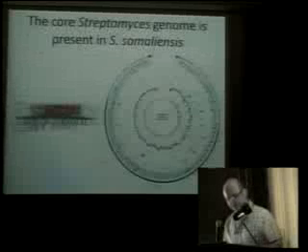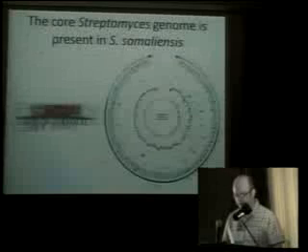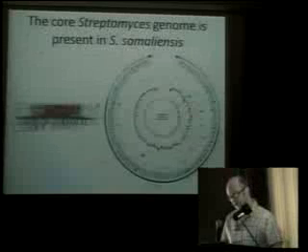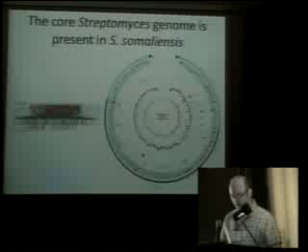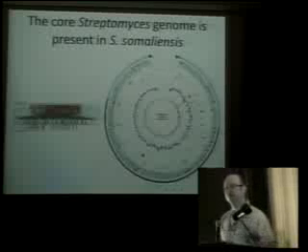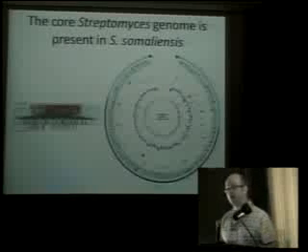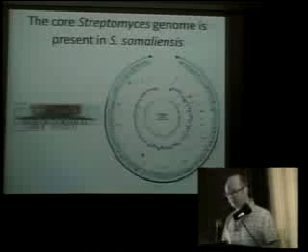So if we look at the coelicolor genome in more depth compared to somaliensis, what you see is a core region of the genome indicated in dark blue along the bottom, and you see these light blue arm regions, and these light blue arm regions are largely dispensable for growth in culture, and they encode a lot of carbon catabolic systems that allow these organisms to survive better in soil.